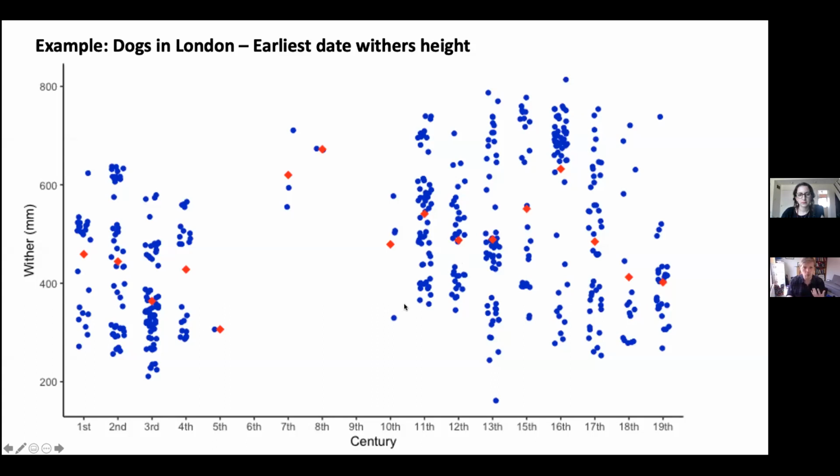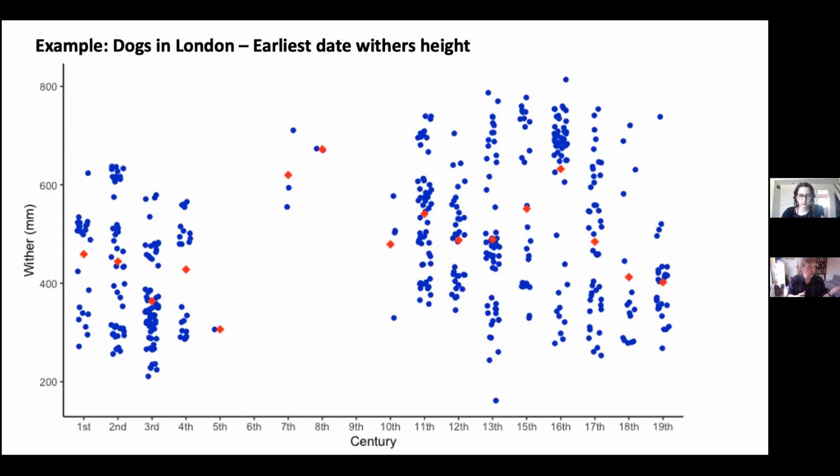The reason I'm showing withers height rather than any other metric is because I've combined unpublished grey literature and published data. A lot of the published sources, where I don't have access to the raw data, would just give us a withers height, not the actual measurements that go behind the withers height.